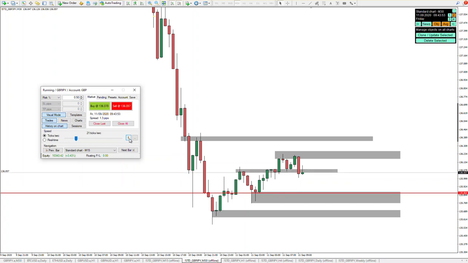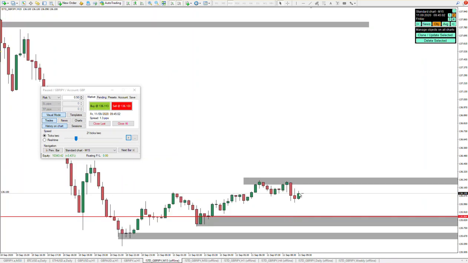Still respected its own low. The 15 minute candle closed, still like a bullish candle. We really have to break the low of this candle.